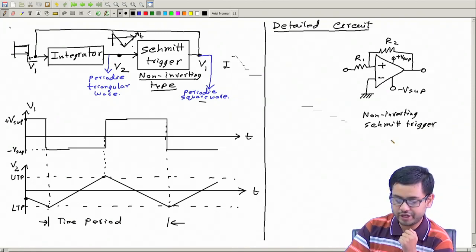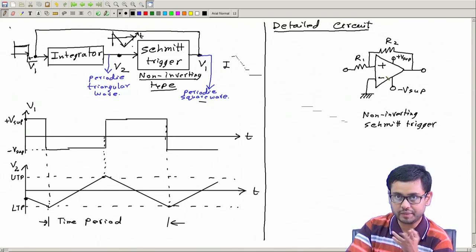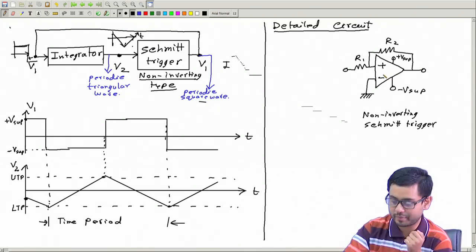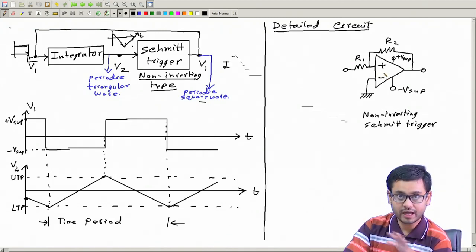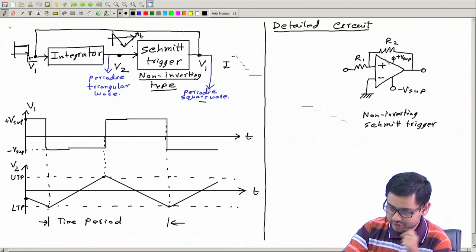How do I verify this? You don't have to remember it, although I remembered it because we discussed it a few days back. You just verify it.